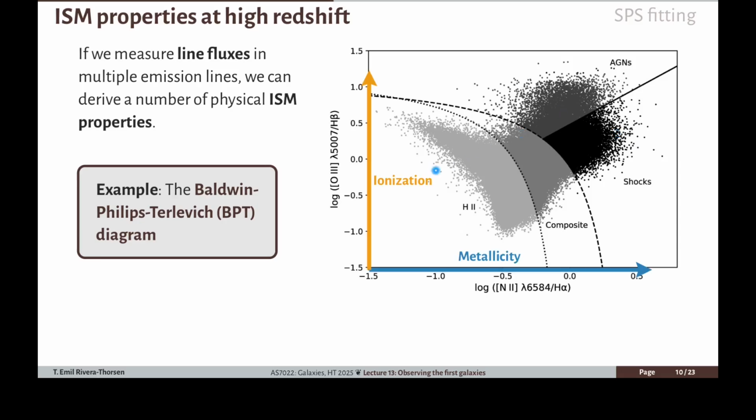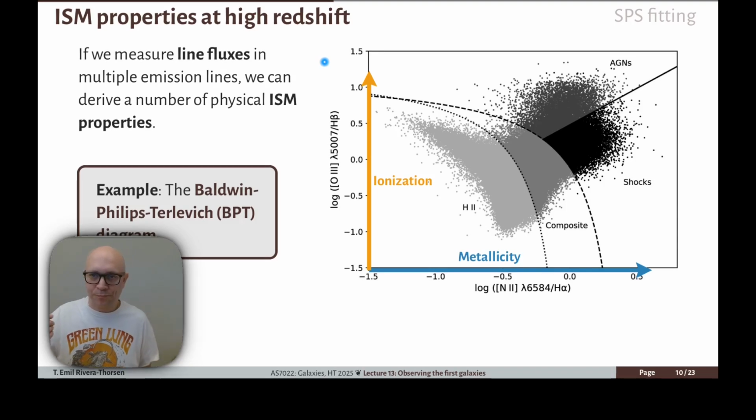So what we have here on the y-axis is the logarithm of the ratio of an oxygen 3 line divided by the H beta line. And then on the x-axis, we have the H alpha line and the neighboring nitrogen 2 line at 6584 angstroms.